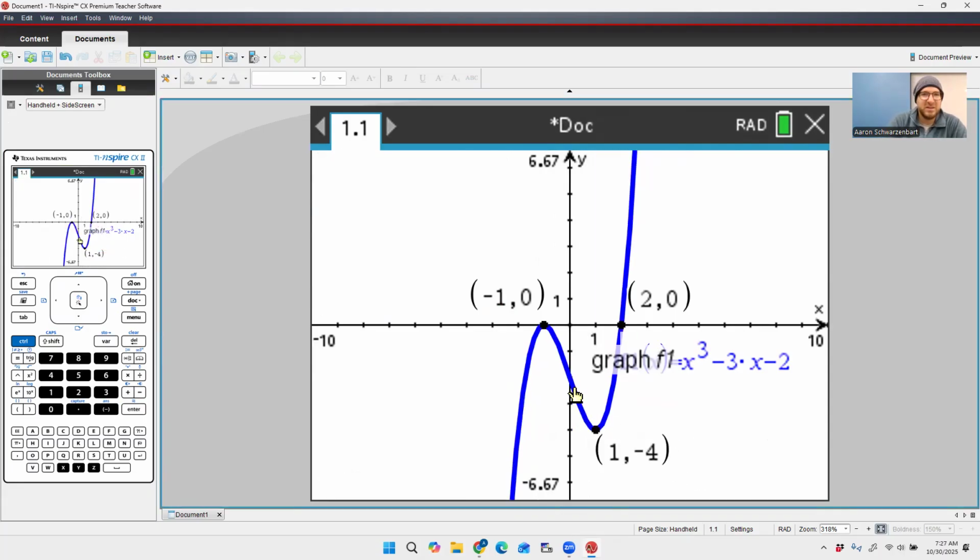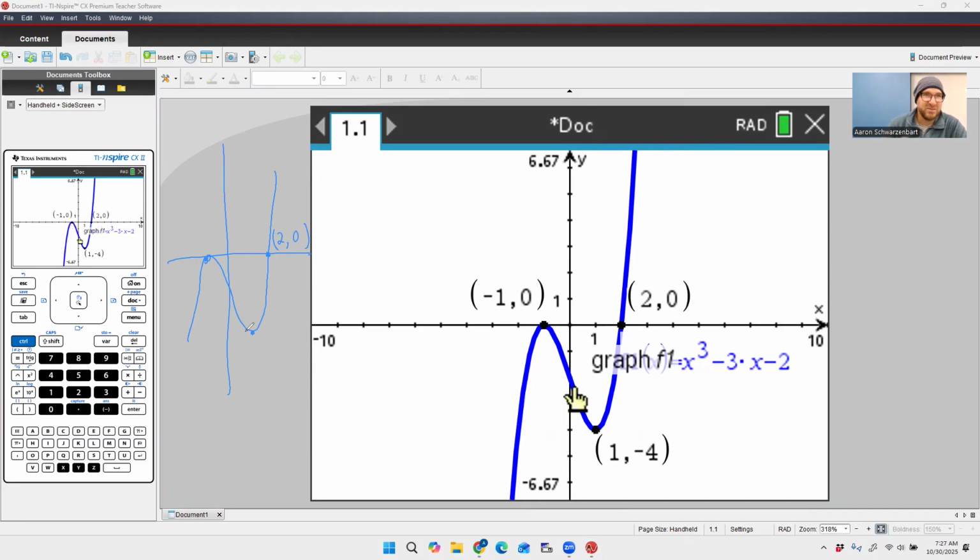Okay. So if I'm sketching this graph on my paper, things that they want to see: points must be labeled, important points like x-intercepts.